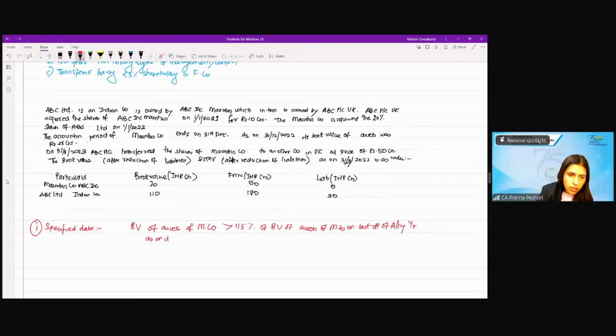This is as on the date of transfer. You have to tell me which numbers you will consider here.